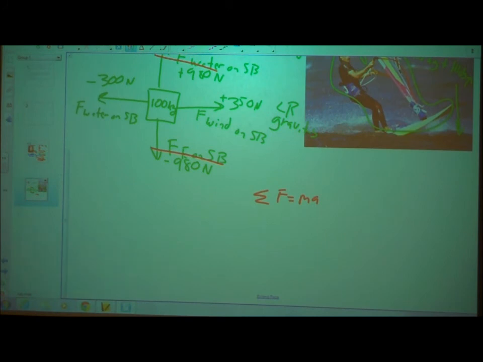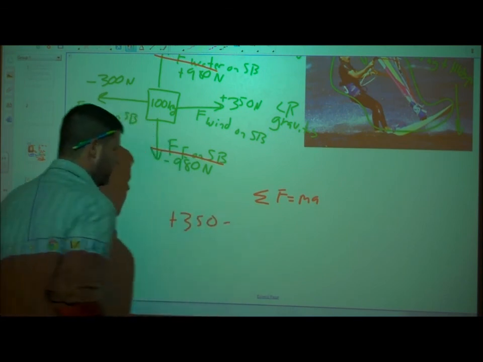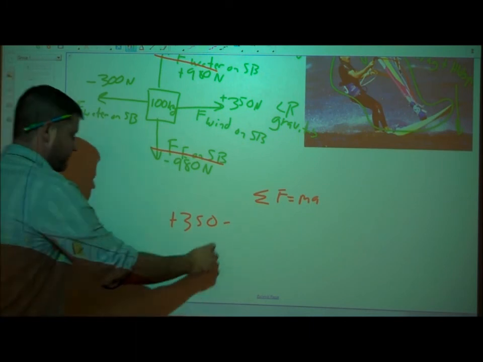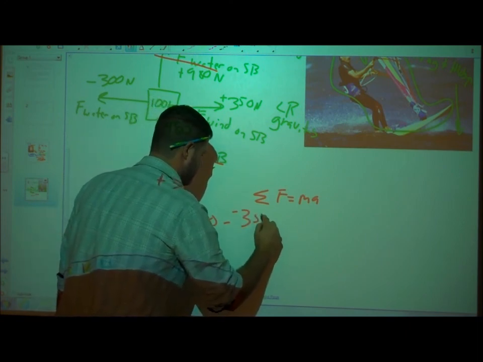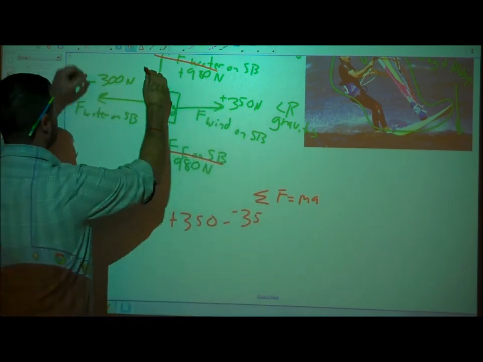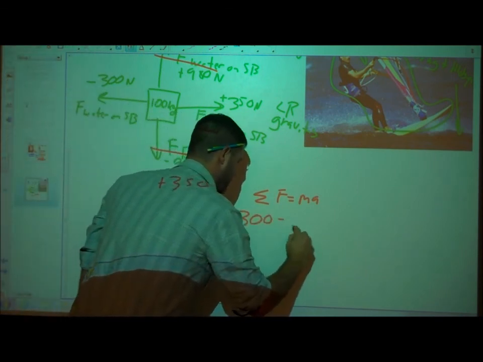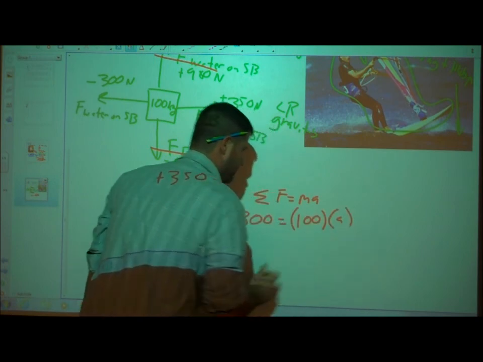We know the mass. We're looking for the acceleration. We can find the net force by taking the positive 350 to the right and combining it with the left, equals our mass of 100 kilograms times the acceleration.